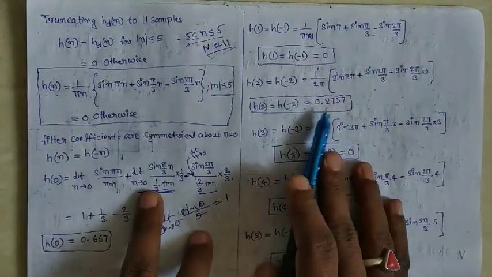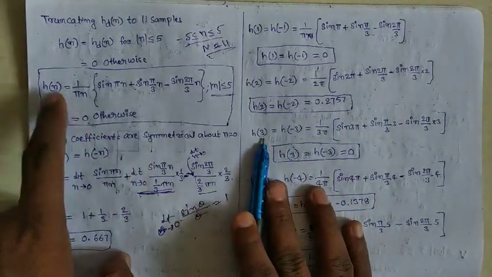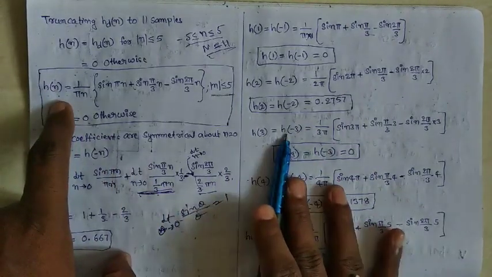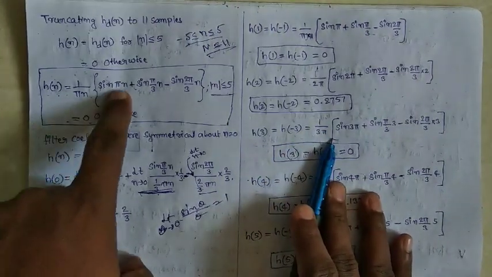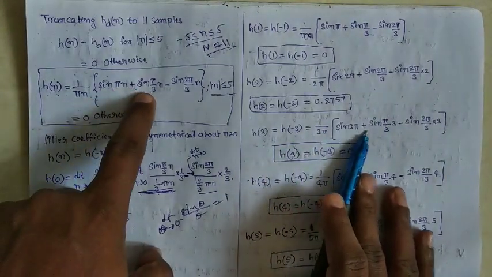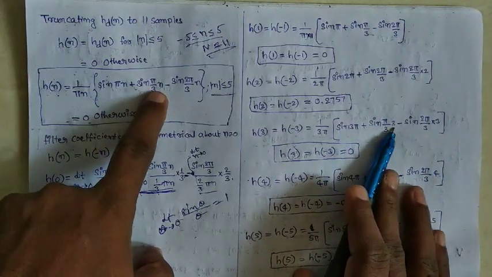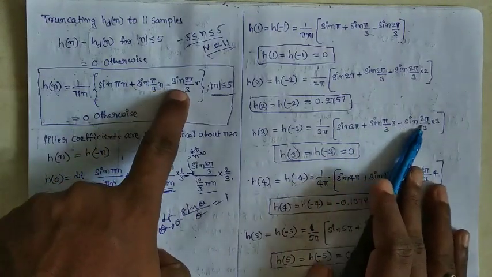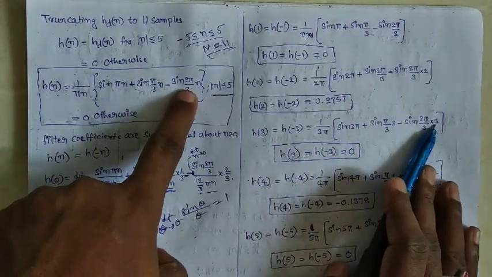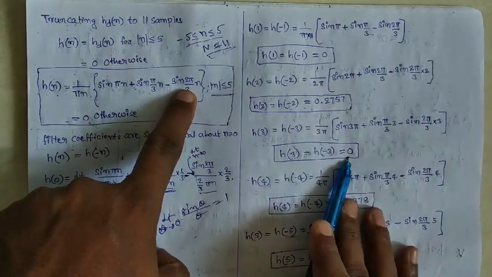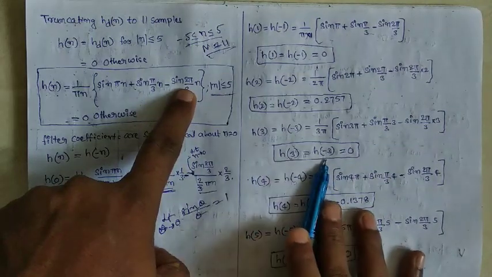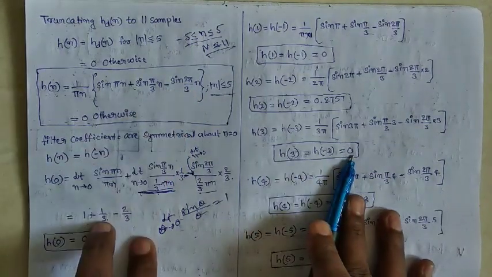Its value is 0.2757. Similarly, we substitute n equal to 3 in this equation. H of 3 is equal to h of minus 3, which is equal to 1 by 3 pi of sin 3 pi plus sin pi by 3 into 3 minus sin 2 pi by 3 into 3. This total value is 0, so h of 3 is equal to h of minus 3 is equal to 0.